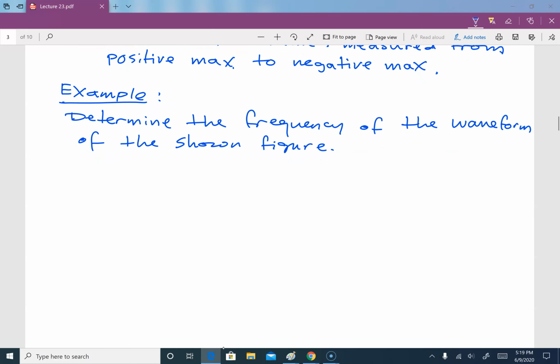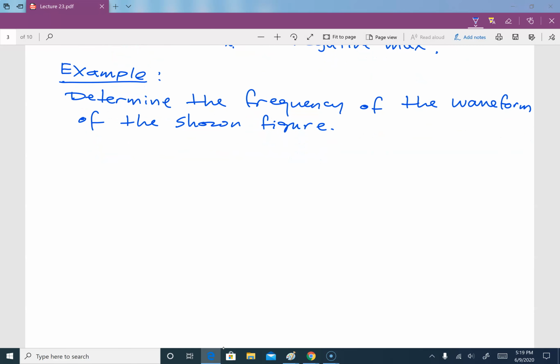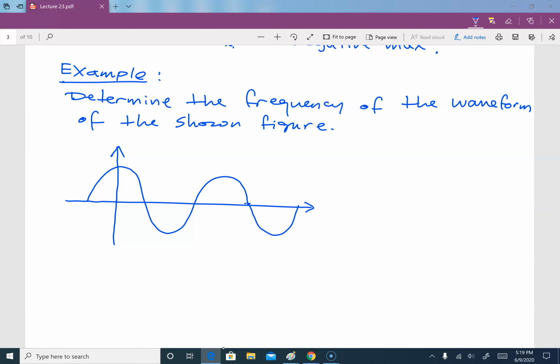Let's say we have a sinusoidal waveform and we would like to know its frequency. Let's say it looks like this. This is t in milliseconds. This is 5, 15, 25, 35, and the value over here is 1. And this is, let's say, a current i of t.